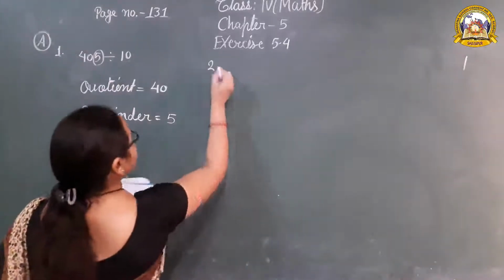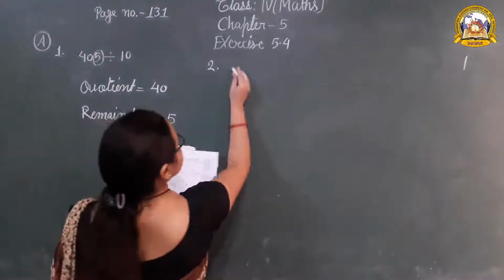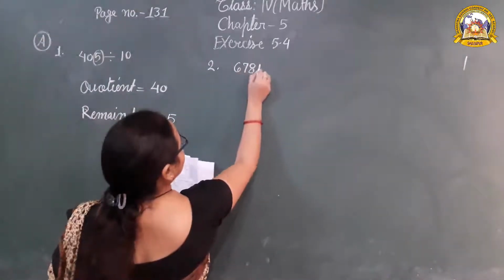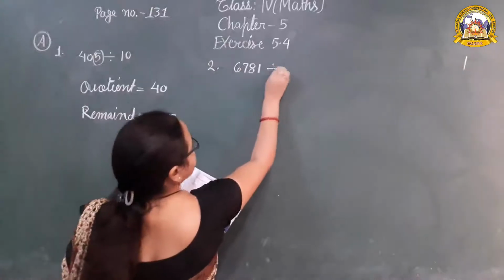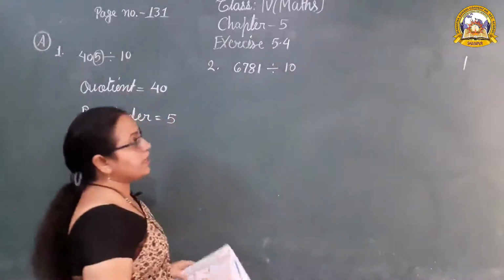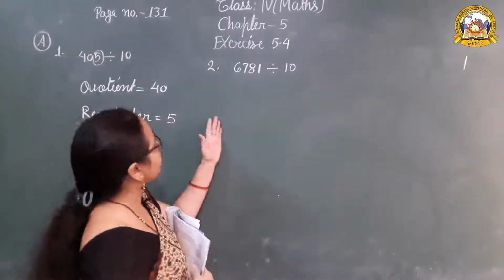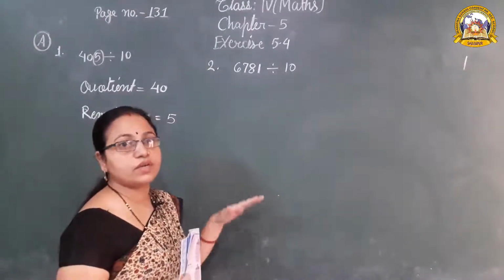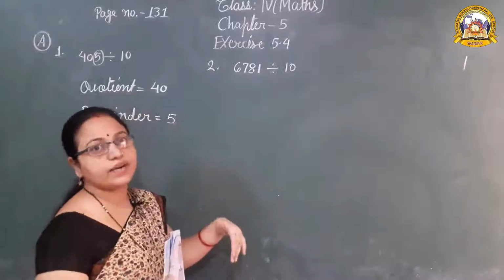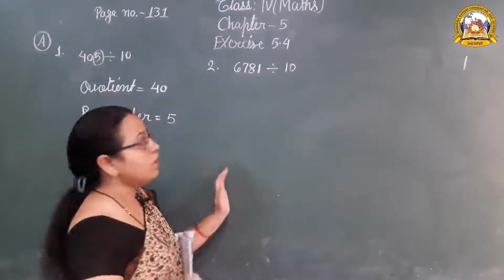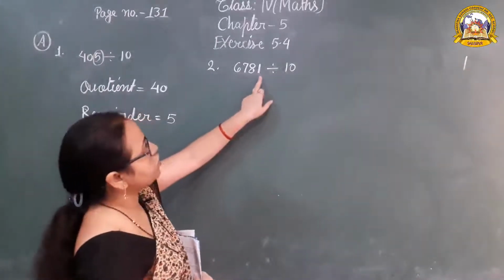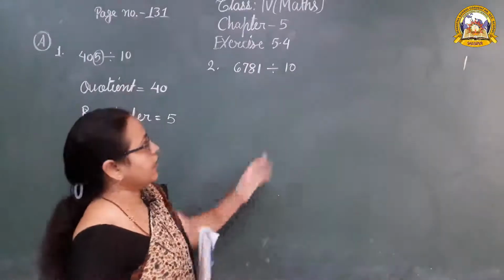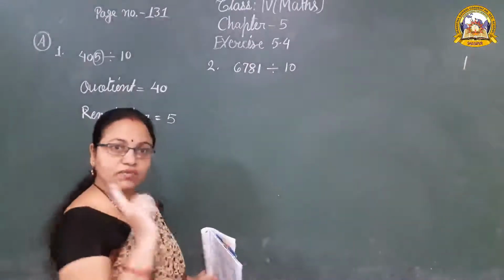Now question number 2, 6781 divided by 10. In that case we have not solved the long division. Without solving the long division, we have to directly find the quotient and remainder. So 6781 divided by 10. How many 0 in 10? Only 1 zero.